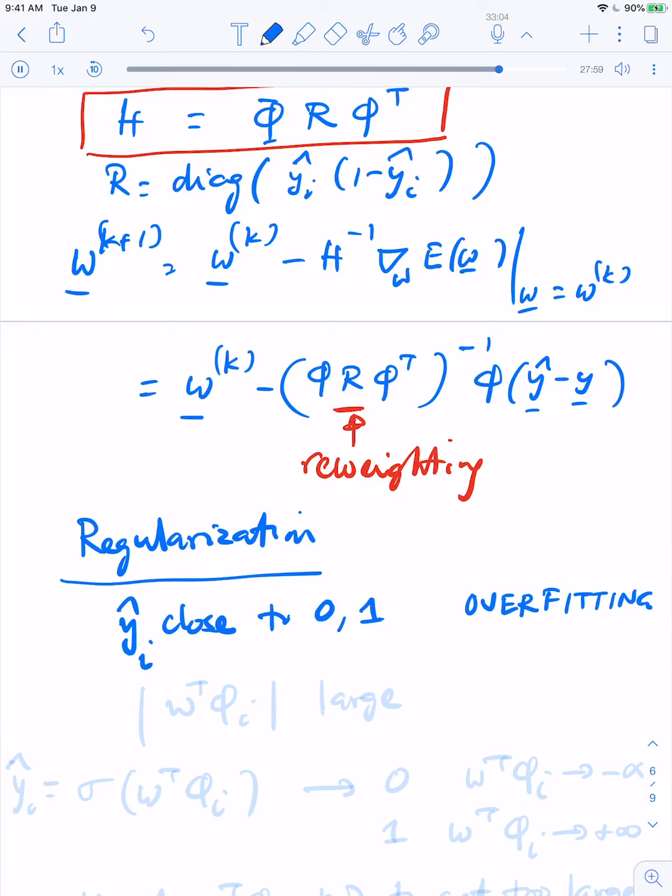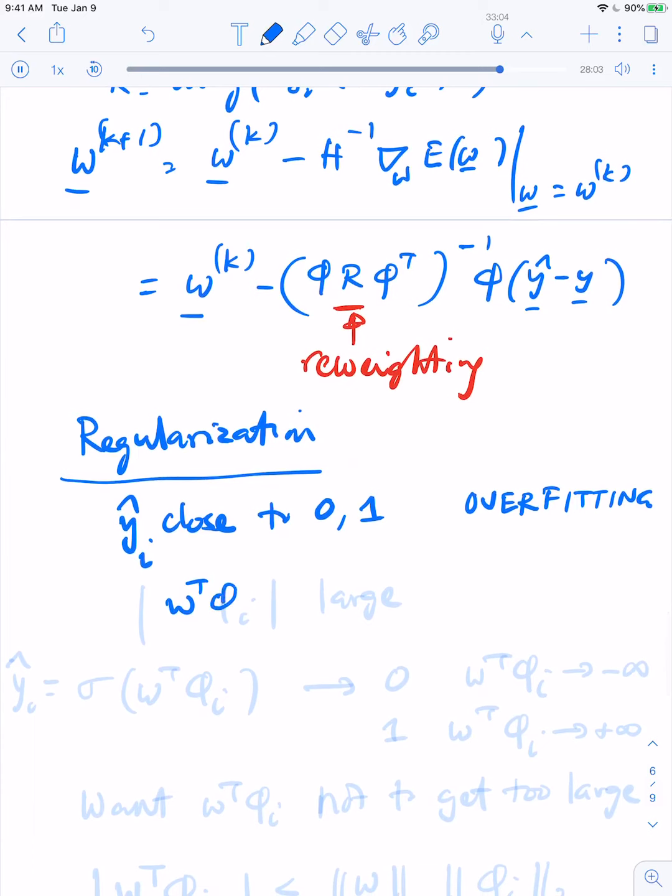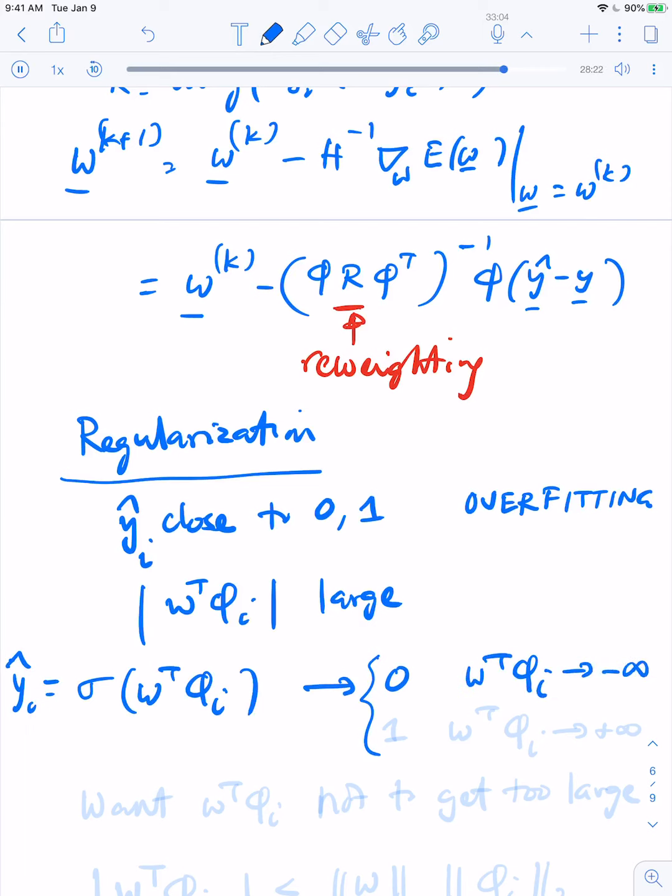When does this happen? When w transpose phi_i is large, right? Because y_i hat is sigma of w transpose phi_i. It tends to 0 as w transpose phi_i goes to minus infinity, and it tends to 1 as w transpose phi_i goes to plus infinity, right?